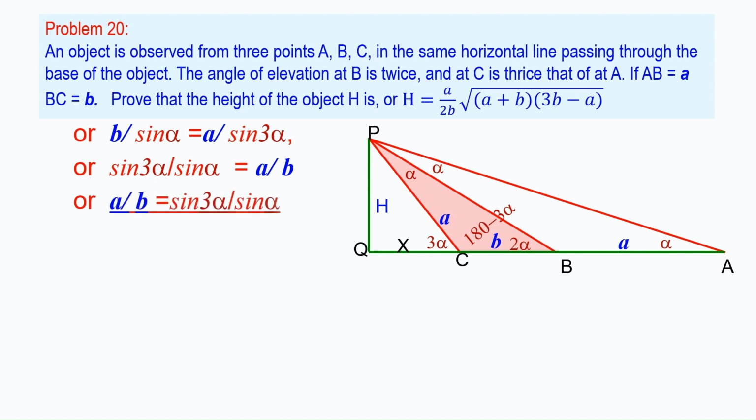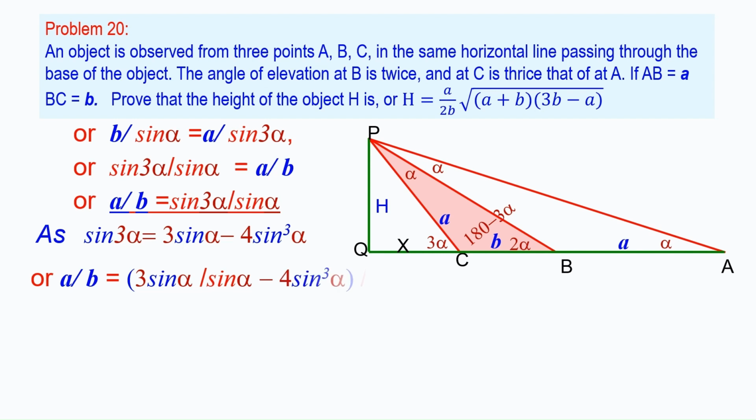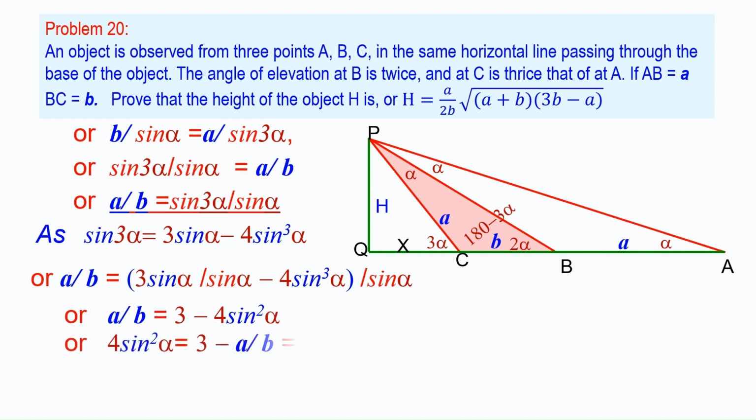Now solve the equations further and we get a divided by b equals sine of triple alpha divided by sine of alpha. As we know, sine of triple alpha equals 3 times sine of alpha minus 4 times cube of sine of alpha. Solving it further, we have square of sine of alpha equals 3 times b minus a divided by 4 times b.